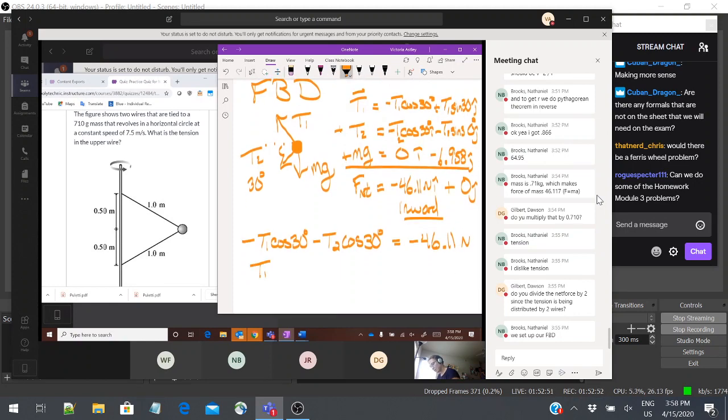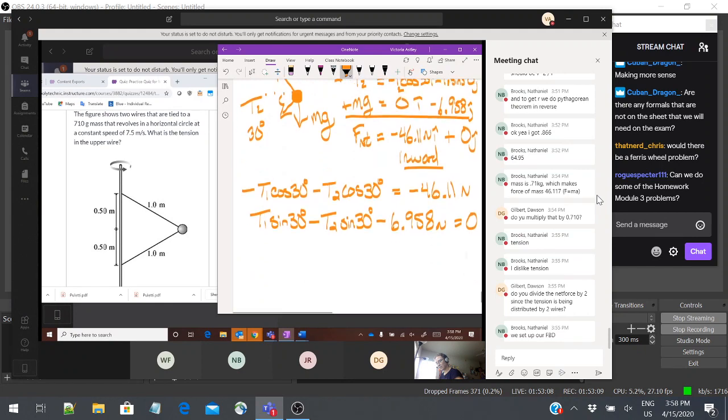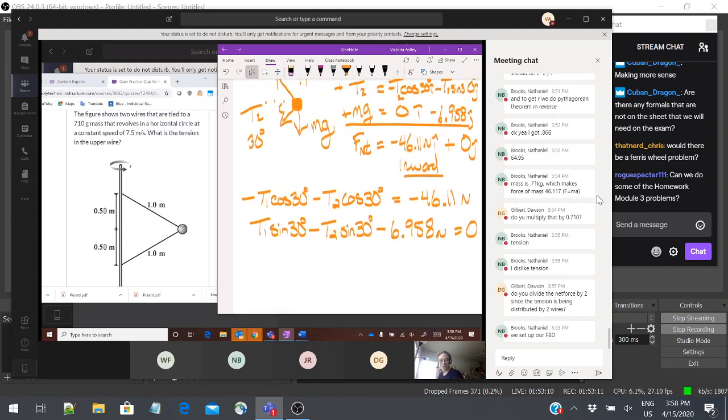And then we have T1 sine 30 minus T2 sine 30 minus 6.958 newtons equals 0. So I have two equations and two unknowns. Solve.